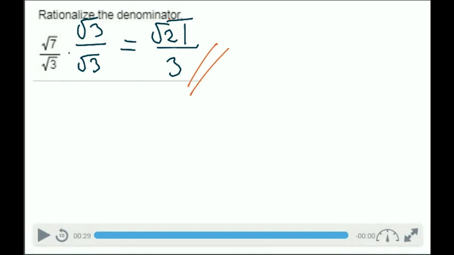So what we have there is the square root of 3 over the square root of 3 times that expression there. And in the numerator we use the product rule. Square root of 7 times square root of 3 is square root of 21. And in the denominator, square root of 3 times square root of 3 is 3.